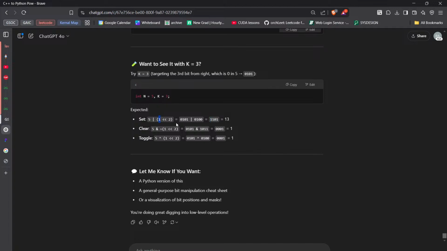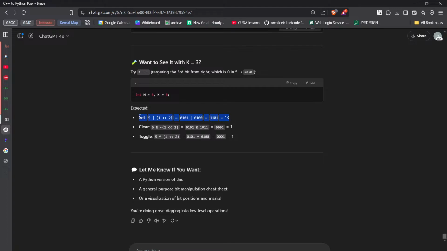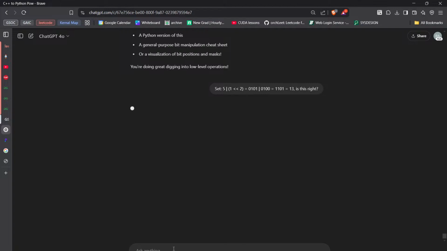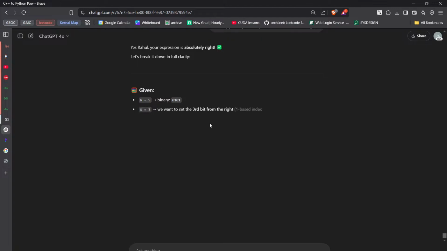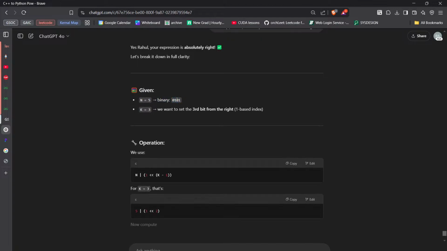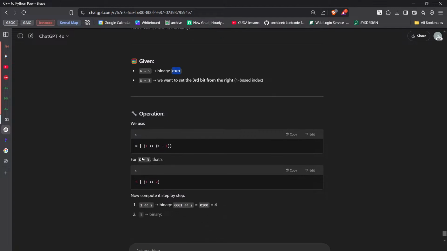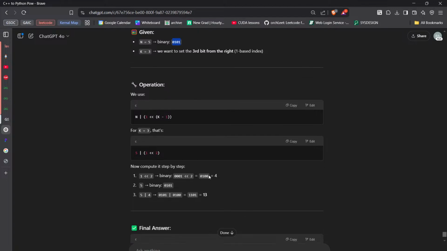One left shifted twice. K is 3 now, 1 2 3. Setting the first, second, third bit, the third bit is already set. It is 4.